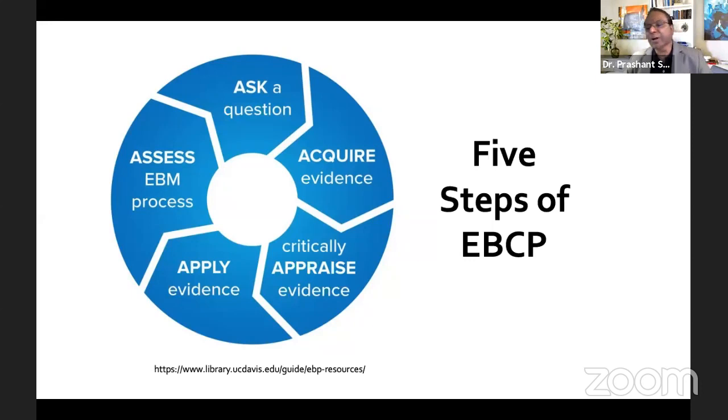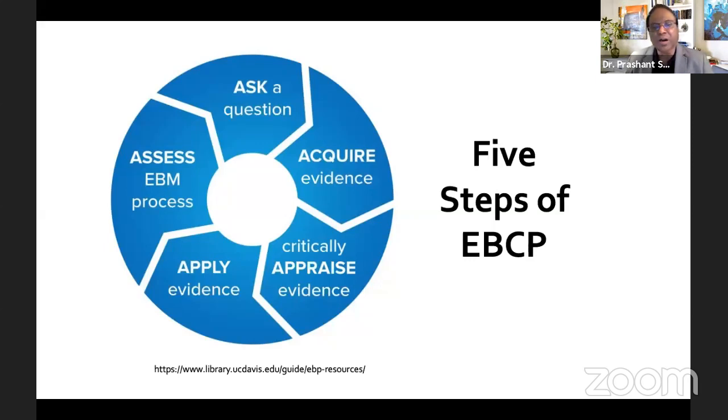Up to this point, we have talked about the concept of EBM, and the application, importance and relevance of EBM. Now let's talk about the nuts and bolts of EBM. In order to practice EBM, there are 5 steps that you have to follow. The first step is to ask a focused clinical question.